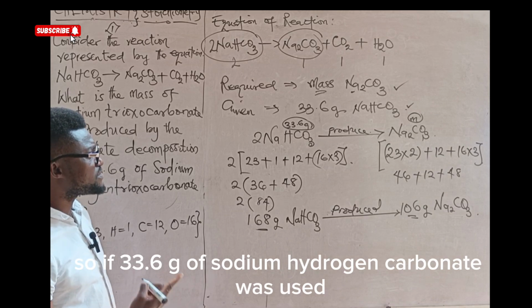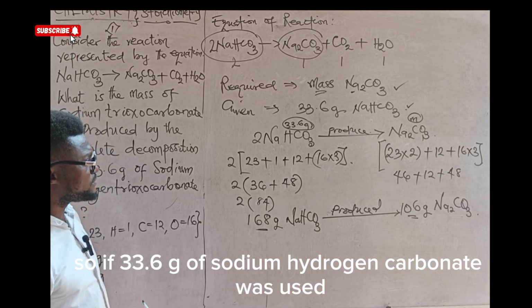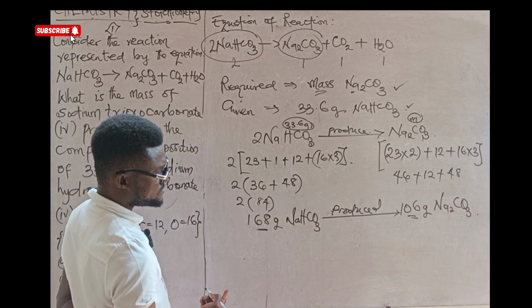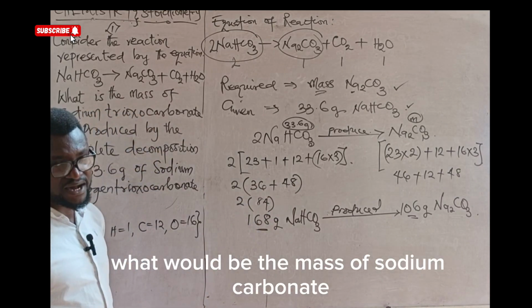So if 33.6 grams of sodium hydrogen carbonate was used, then what will be the product? What will be the mass of sodium carbonate?